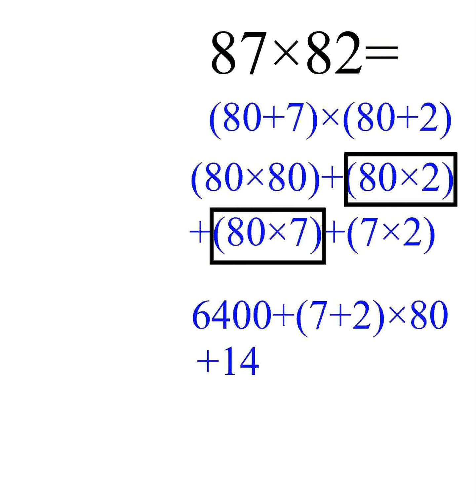And the first parenthesis equals 6400 and the last one equals 14. So, and 2 plus 7 times 80 would be 720. So let's add these three vertically.